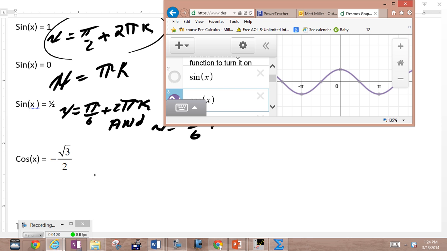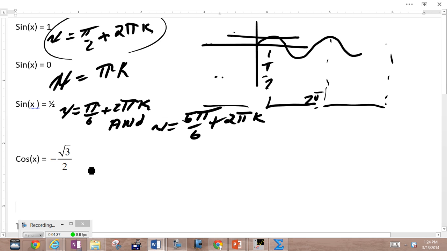So in the second quadrant, cosine takes on a root 3 over 2 value at the pi over 6 reference, but it's in the second quadrant, so that's 5 pi over 6, plus all periods down the line, plus 2 pi k. And in the third quadrant at 7 pi over 6 plus all 2 pi k values down the line.